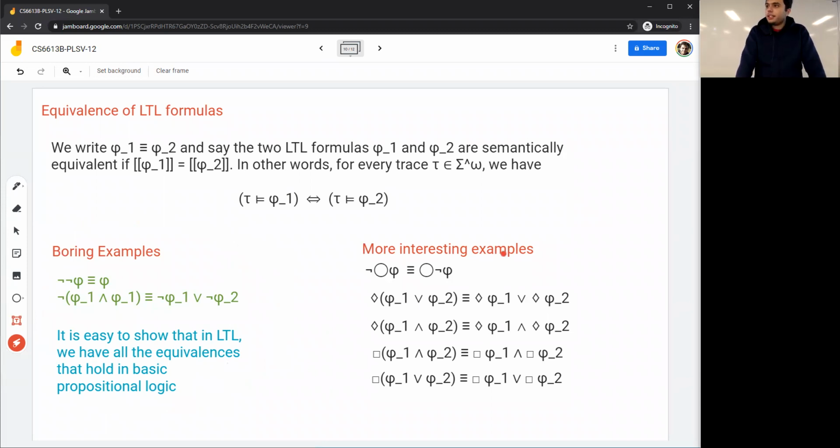But the more interesting examples are the ones that actually include the temporal operations as well. So for each one of these, I want you to tell me whether it holds or not. So the first one is this. Does this hold? So not next phi, is it the same as next not phi?